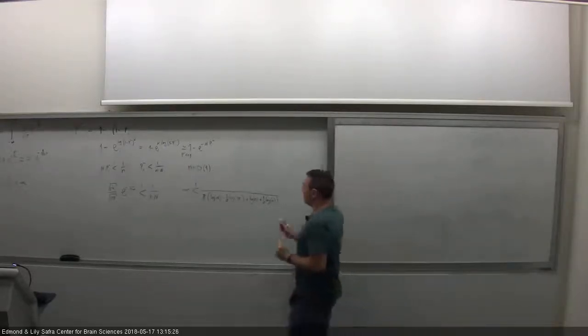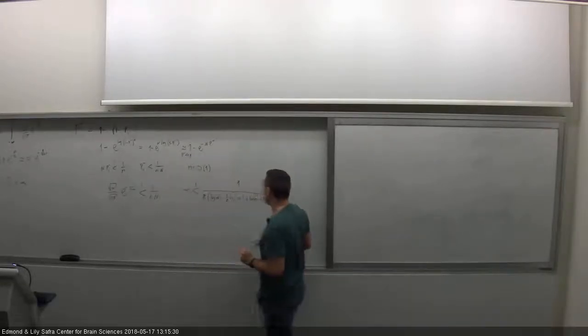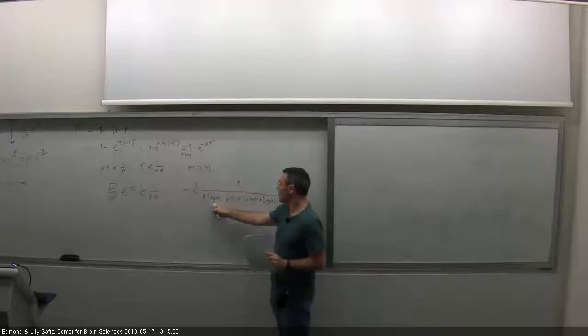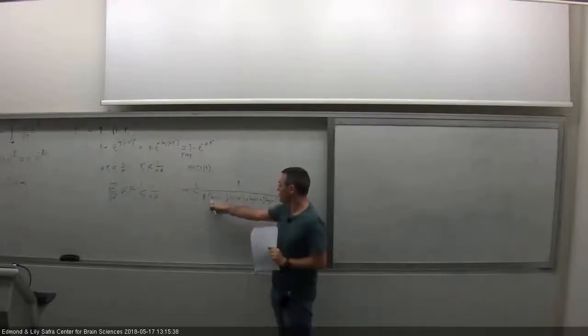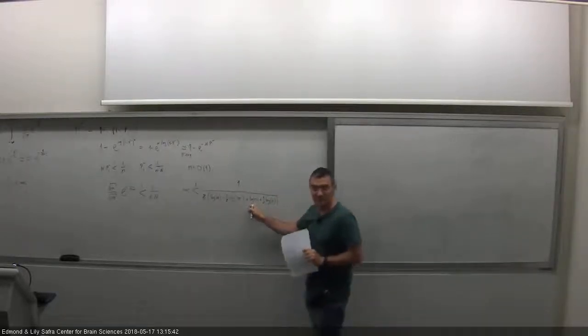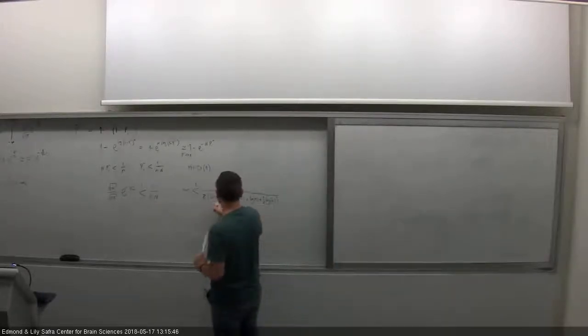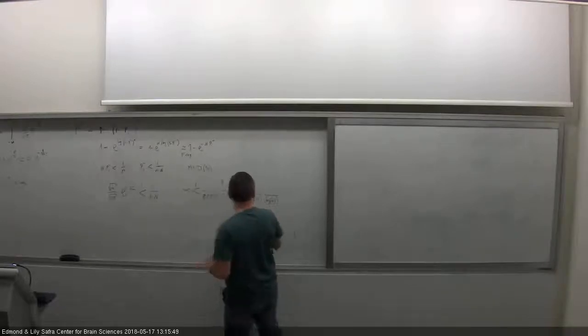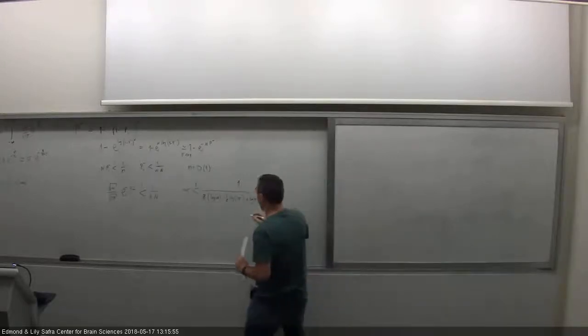But now we can look at all the terms in the denominator and compare them. Clearly, log n is much larger than log 2 pi. So the only terms that remain are the log n term here, and here we'll have the log alpha. Let me write it explicitly.